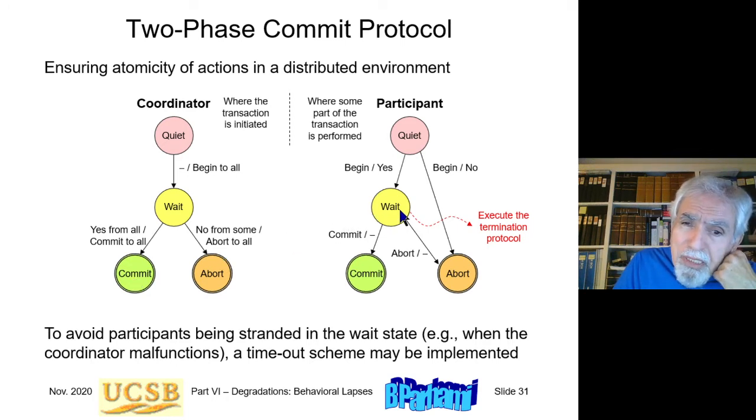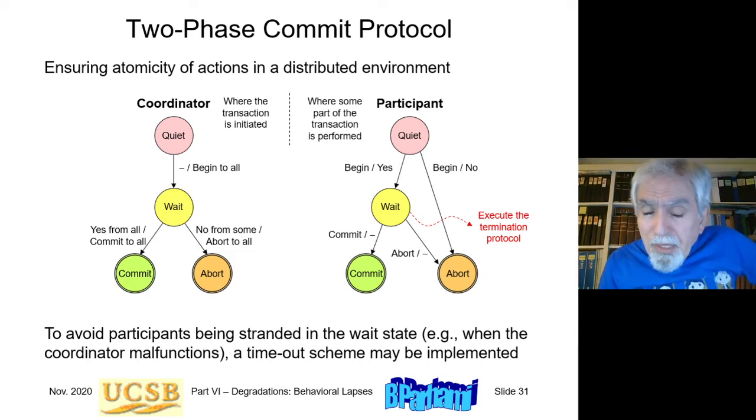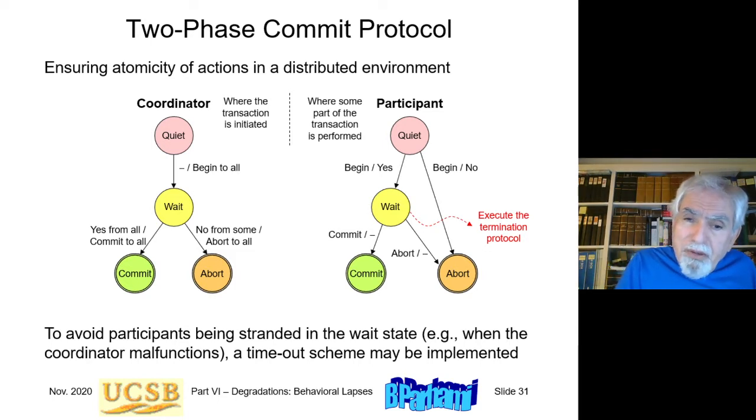And the waiting participants, when they receive the commit signal from the coordinator, they also commit. Now, commit means they're committing to performing that transaction. They may not be able to do it right away, but they keep a record that they are committed and eventually perform their part of that transaction, like updating a piece of database that they hold locally.